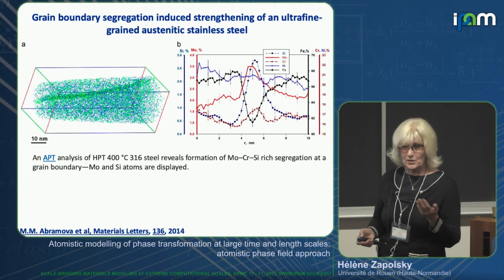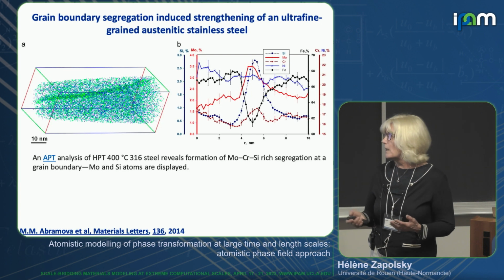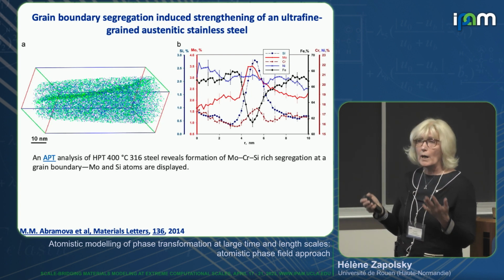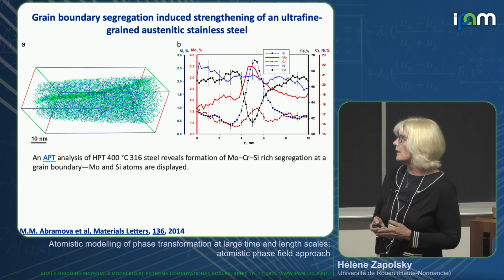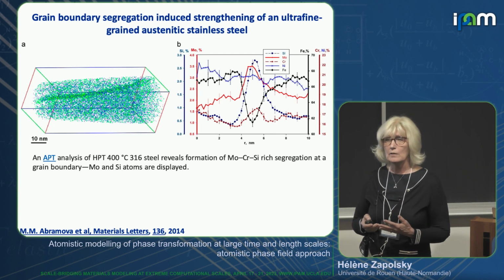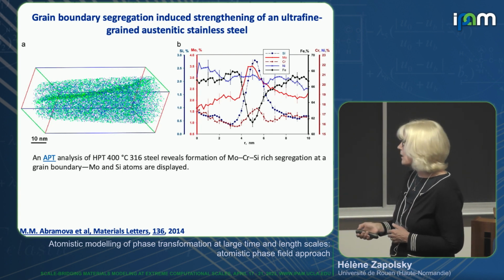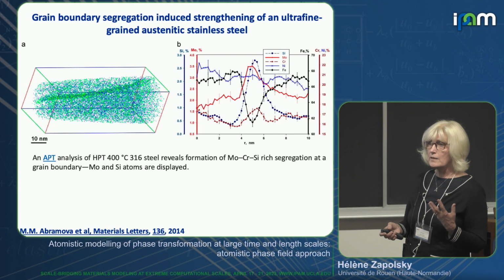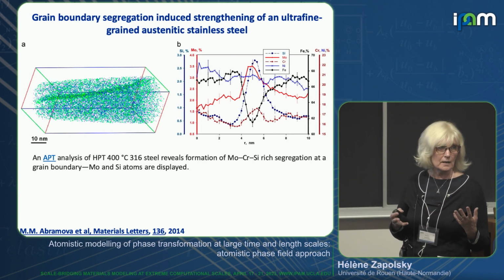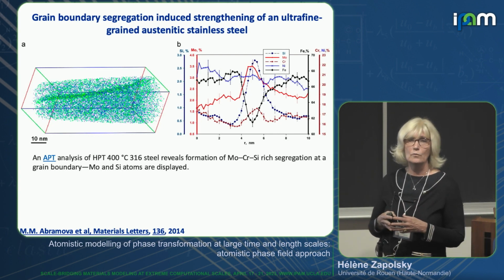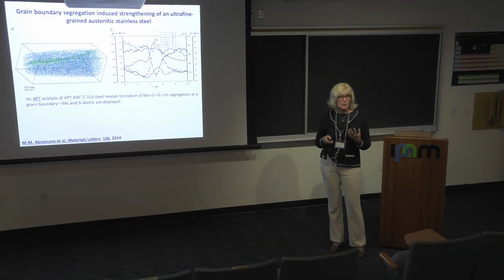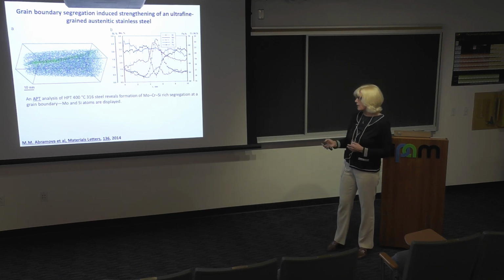However, as was mentioned in the previous talk, many mechanical properties and global macroscopic properties of materials are related to the interaction of dislocations with the interface. And especially, we should think that the interface is not really a pure interface in this kind of materials, because there is a lot of segregation at the interface. In this case, it can completely change the properties of the grain boundaries, for example for dislocation movement.